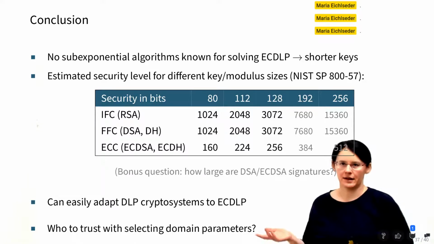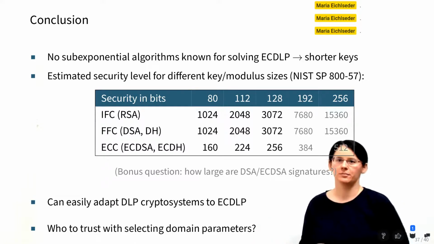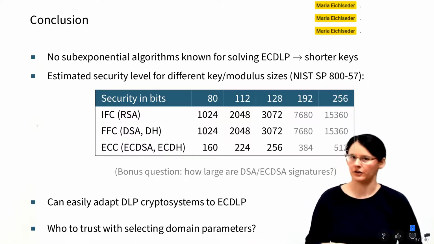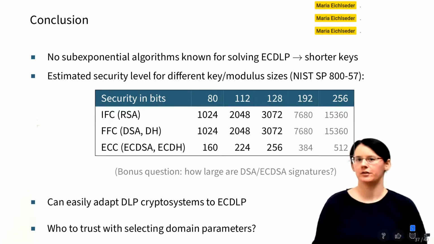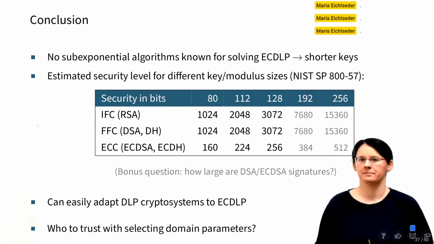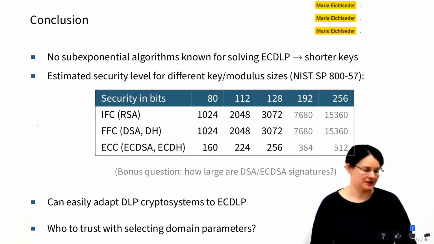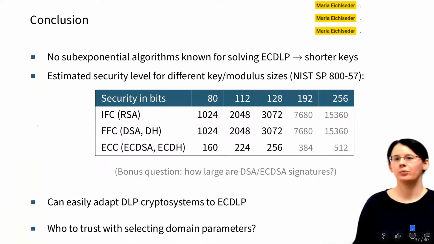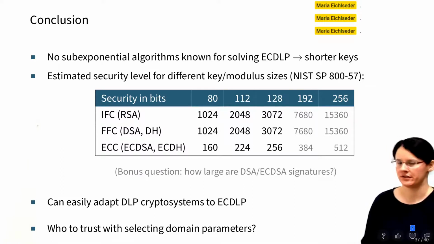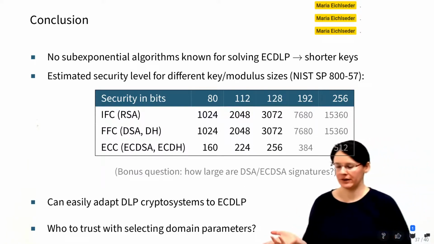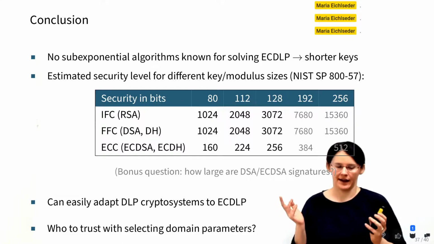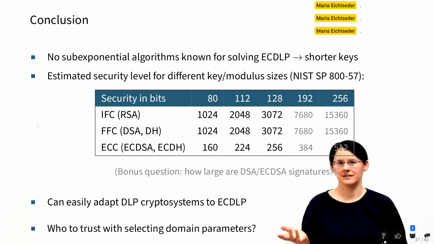We can easily adapt most of the algorithms we have to elliptic curve versions. In particular, for Diffie-Hellman, it's very, very easy. One big issue with this and one big discussion point is: who do we trust to select the curves? Because we said it's great, we only need to do it once, and we need to check that there are no weaknesses.